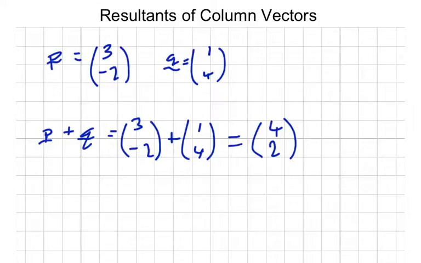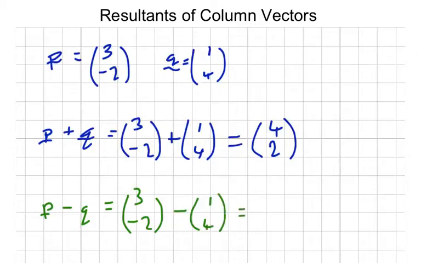So P plus Q would be (4, 2). We could do P minus Q. This would be (3, -2) minus (1, 4). This time we would get 3 minus 1 is 2, minus 2 minus 4 is minus 6.